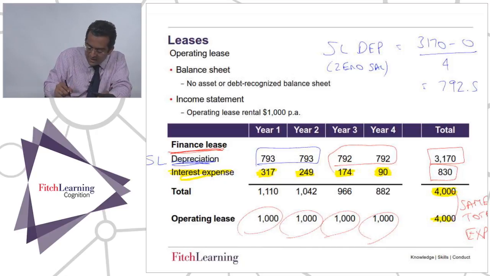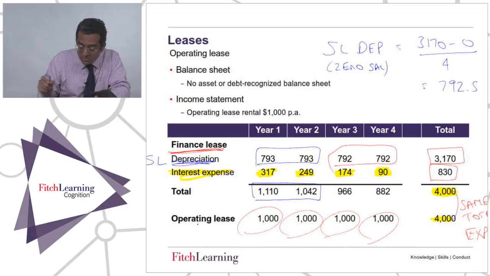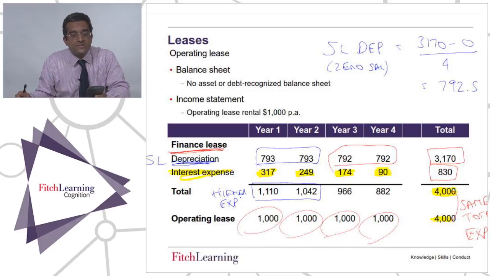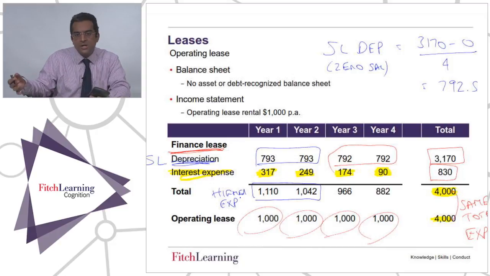Remember, the key thing, guys, is generally we might say in the early years, which in this case will be year 1 and year 2, you have higher expenses when you capitalize. Now, the reason is usually because the interest is quite high in the early years, so that when it combines with depreciation, you have quite big numbers going through the income statement. So big expenses, guys, means lower profits. Lower profits means worse margins.